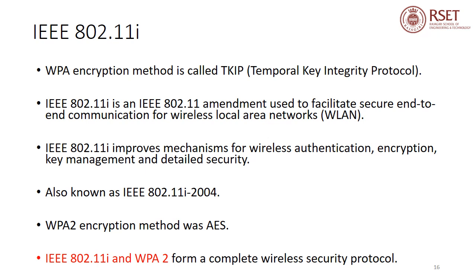After the WPA protocol, a second version of the same protocol was introduced, known as WPA2. The basic difference between WPA and WPA2 was in the encryption method used. In WPA, the encryption method was TKIP, and in WPA2, which is an enhanced version, the encryption method used was AES, or Advanced Encryption Standard.